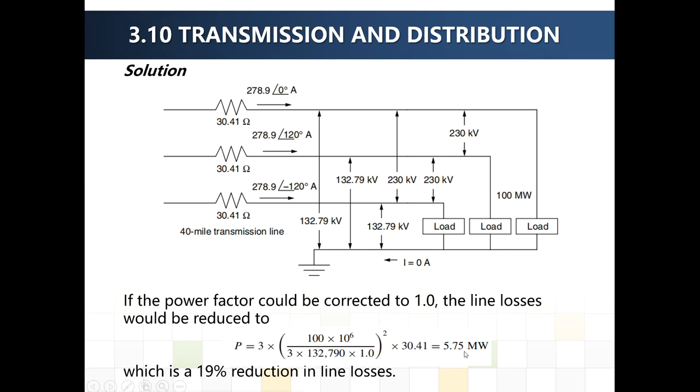Therefore, the total losses of this transmission line is 5.75 megawatt. Using this, we can recalculate the percentage of transmission efficiency and transmission loss. We can see there's a 19% reduction in the transmission losses.